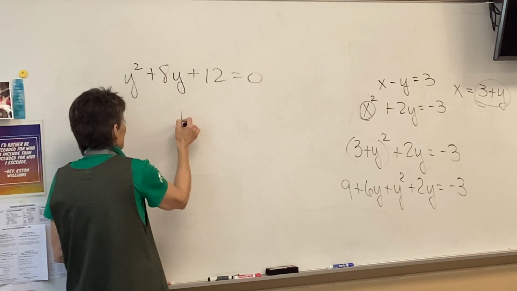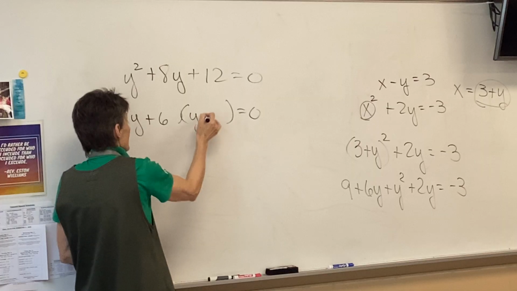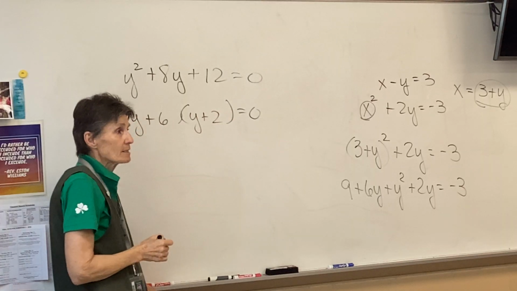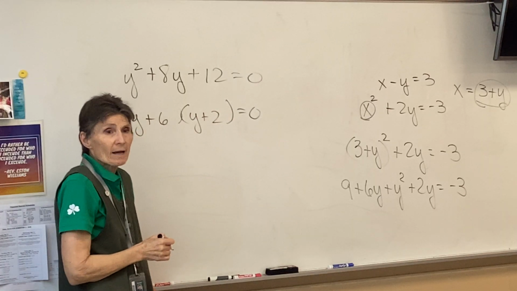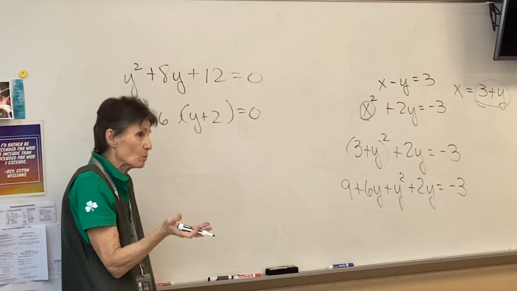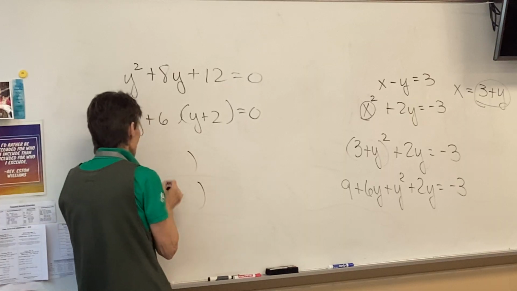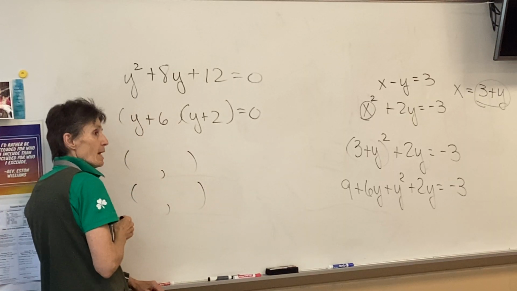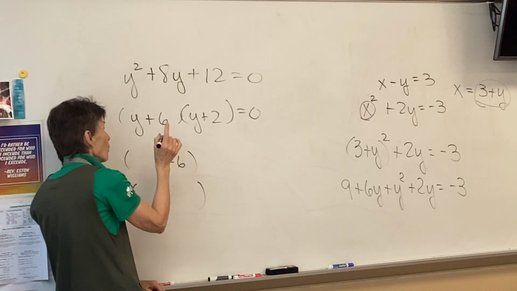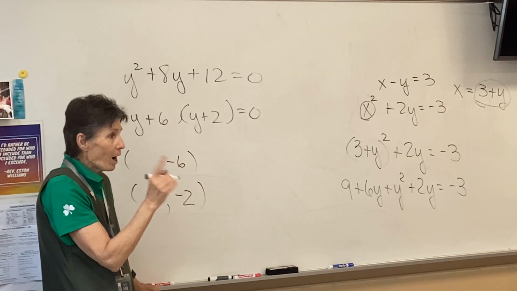So then we'll factor it. 6 and 2. If by chance it doesn't factor, you would have to use the quadratic formula. We could use that anyway. Now, be careful, we got 2 answers, didn't we? And those answers are y values. Those are y's.